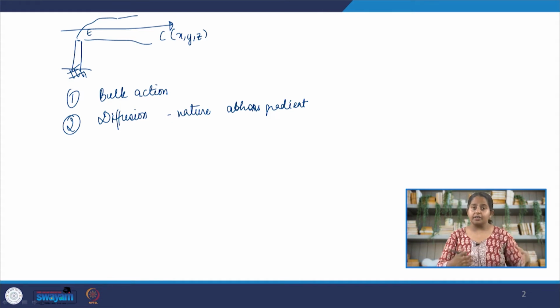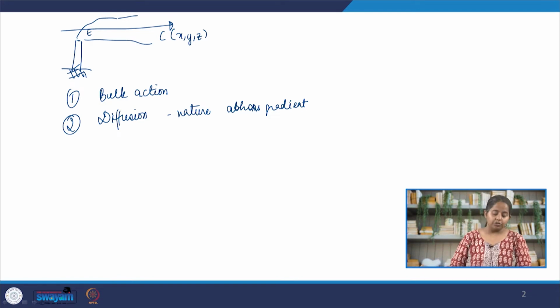Now, in this case, even though the wind is taking the smoke from the chimney in the downwind direction, regardless of the wind motion, diffusion will happen, and it will take the smoke and the contaminants away from the plume towards lower concentration areas.